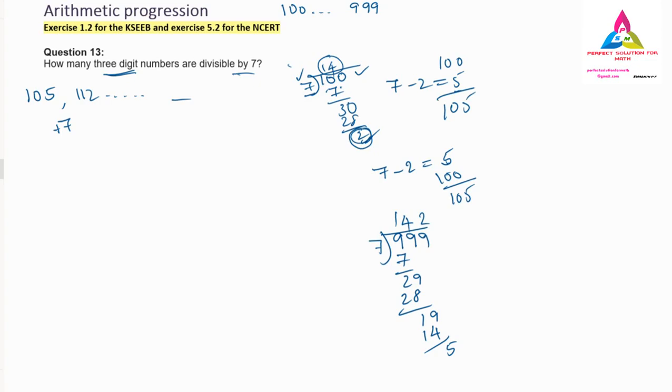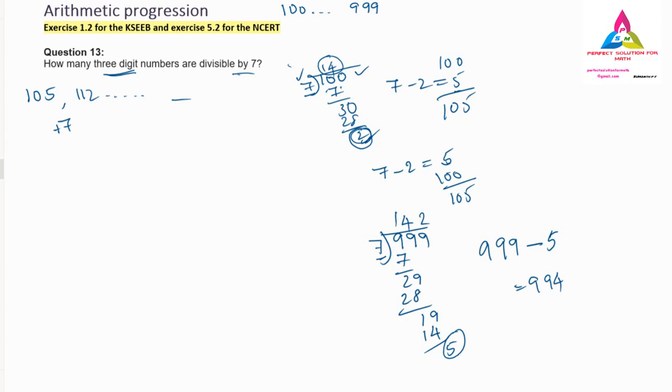So next, what we have to do? Here it is a simplification. The last 3-digit number is 999. We write 999 and directly subtract the remainder. The remainder here is 5. So we directly take the remainder, there is no need for the 7 this time. Only the remainder is required. 999 minus 5 is 994.